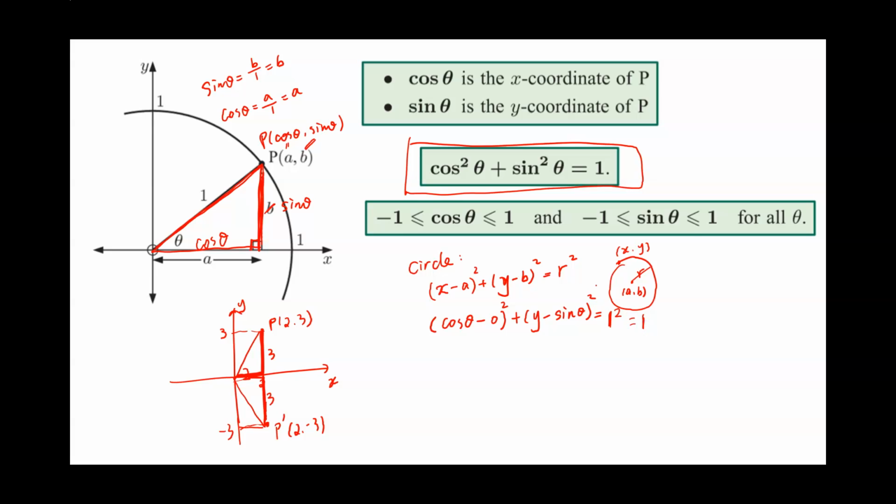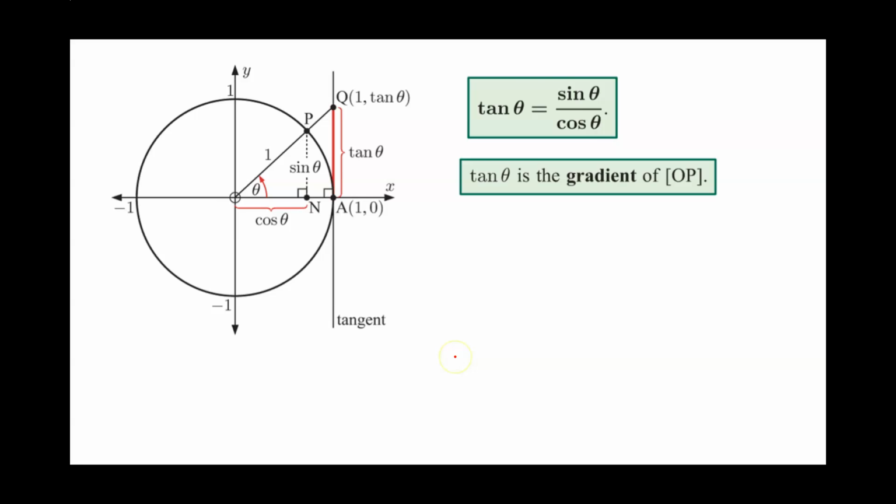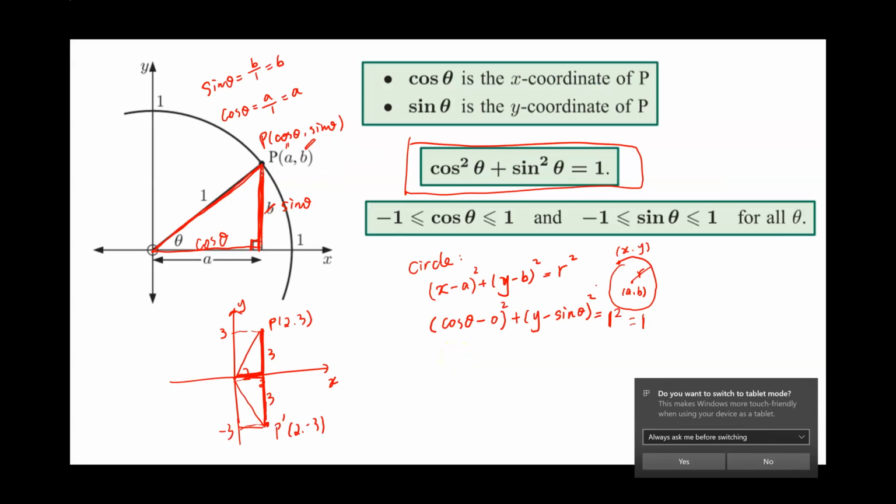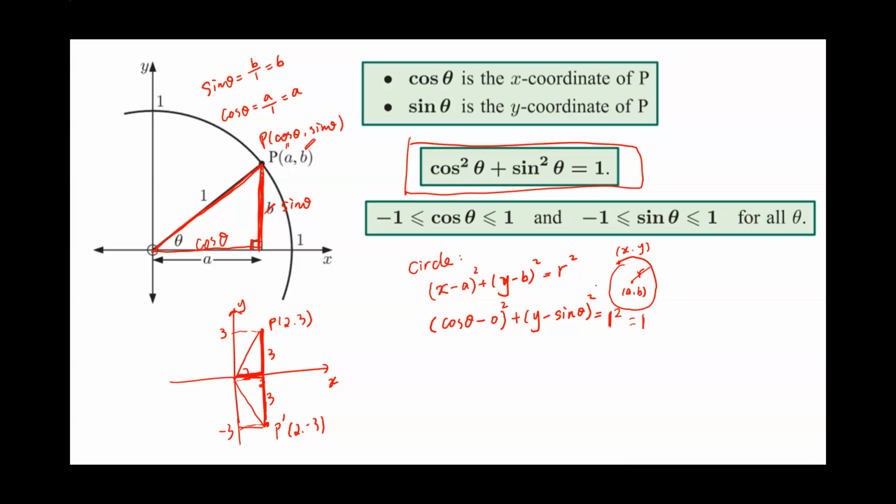So how about I simplify that? That will be cos theta to the power of 2 plus, sorry, I just realized I made an error.